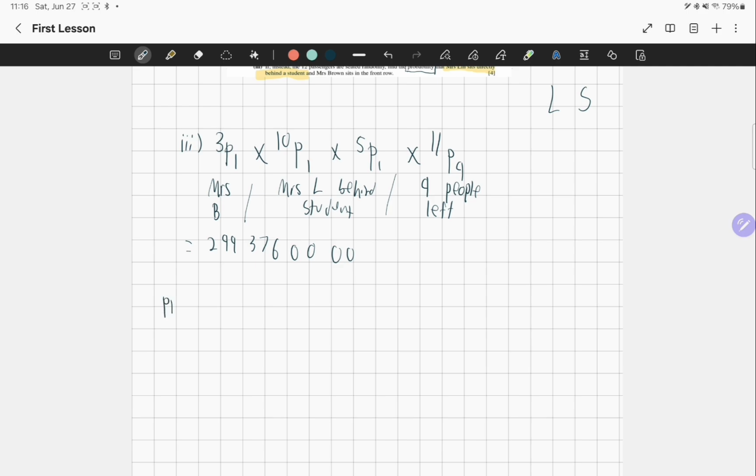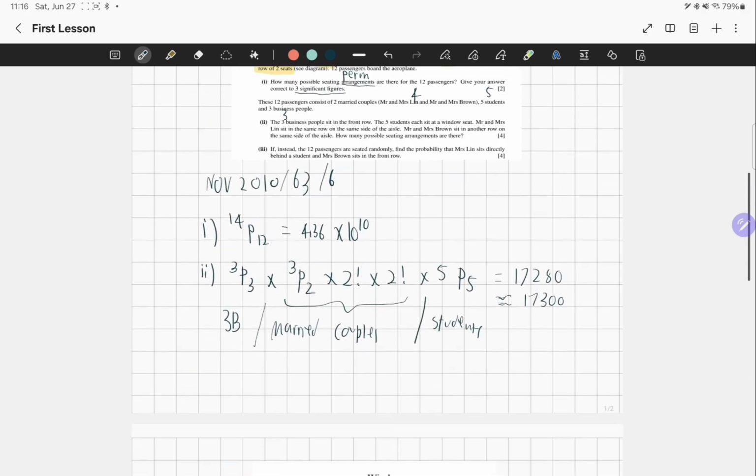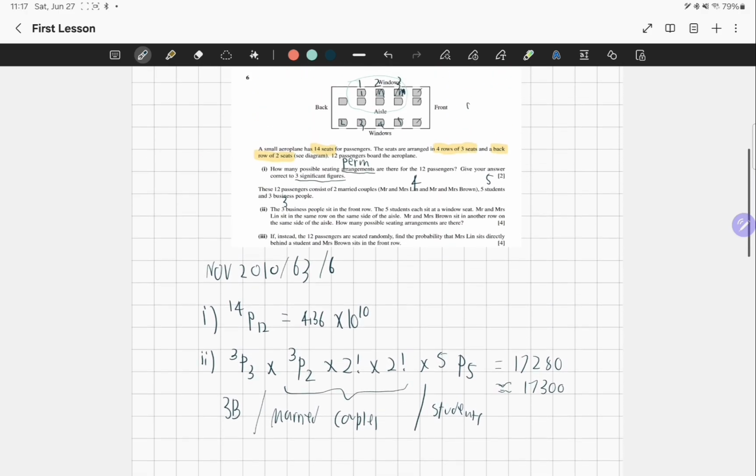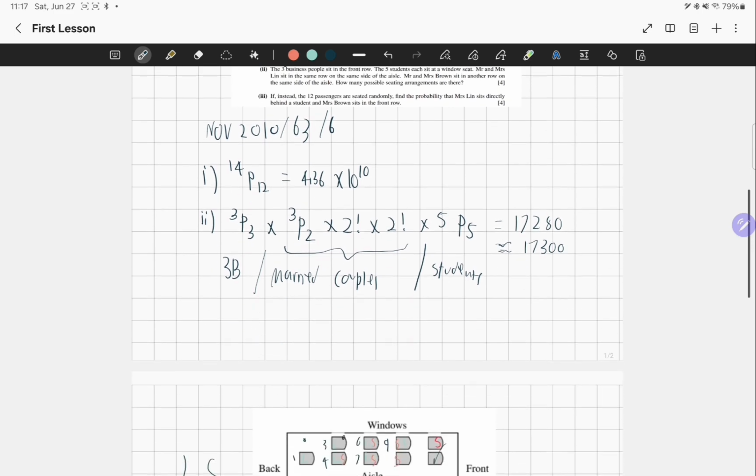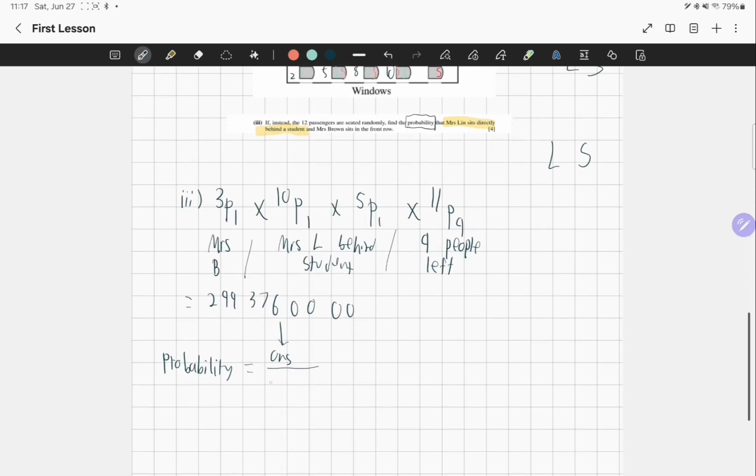So the probability is equal to our answer here divided by no restrictions, like they can sit anywhere, which is our first one here, 14P12, which is 4.36 times 10 to the power of 10. So this is going to be equal to 0.0687.